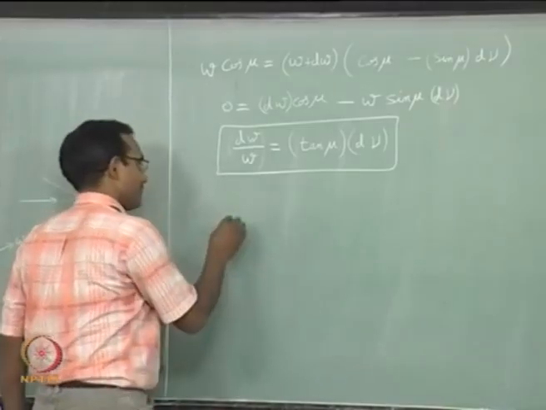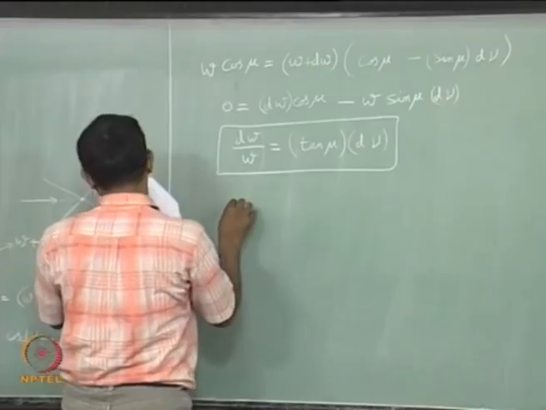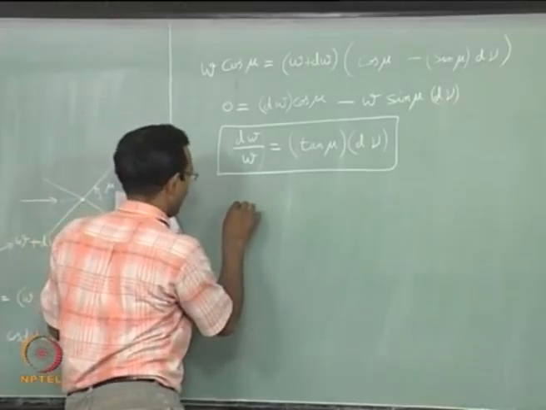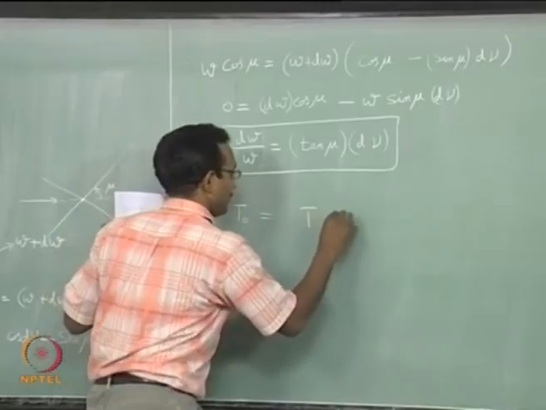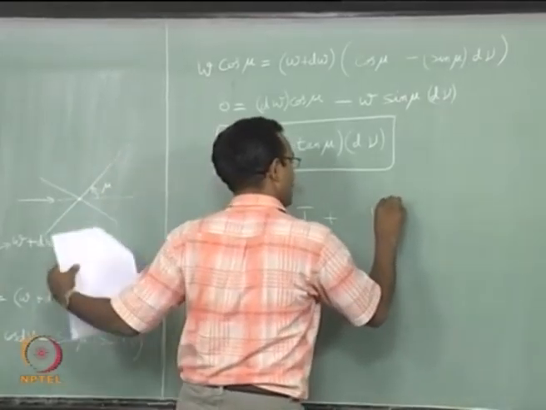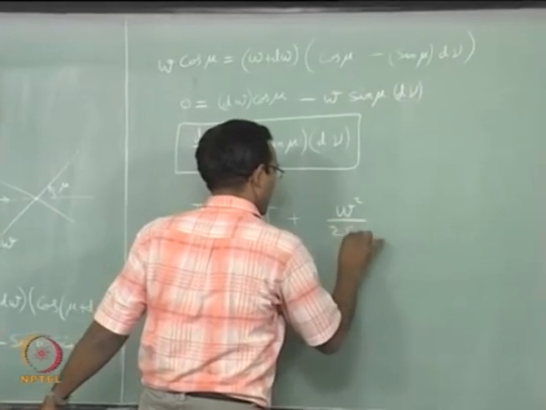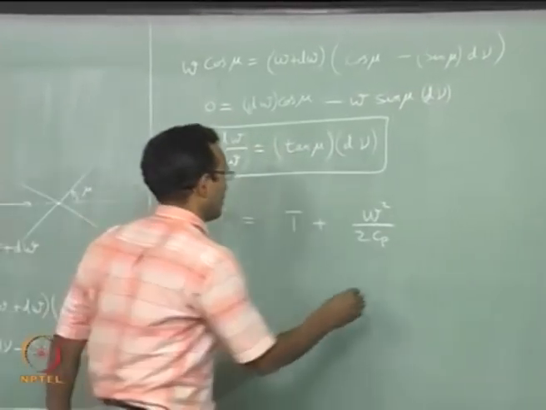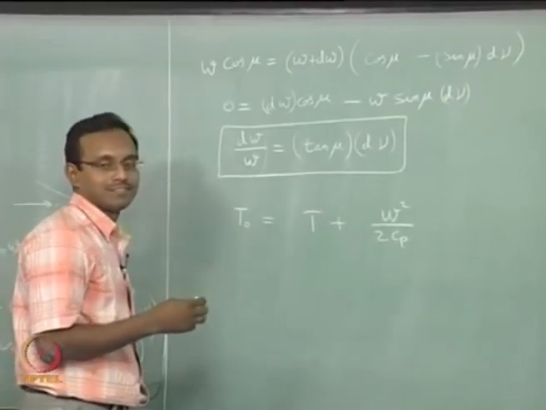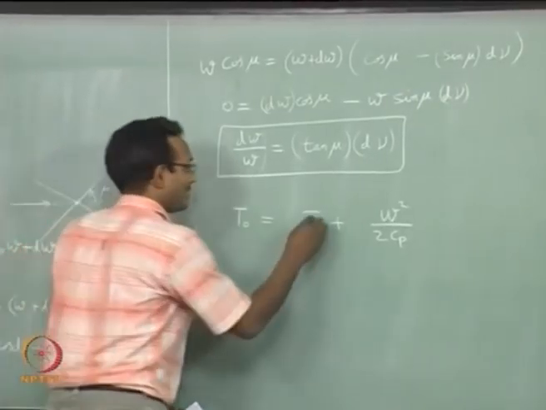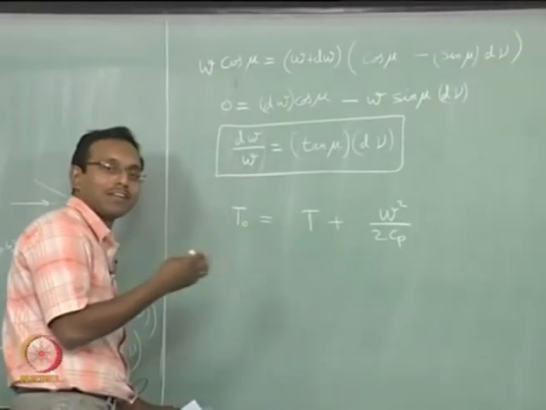So, we will start from our energy expression. Okay. T naught equal to T plus w square by 2 Cp. This is how we started the energy expression. Okay. And of course, I could start from another place, but I want you to get familiarized with this particular derivation. So, I will keep deriving this in several places.